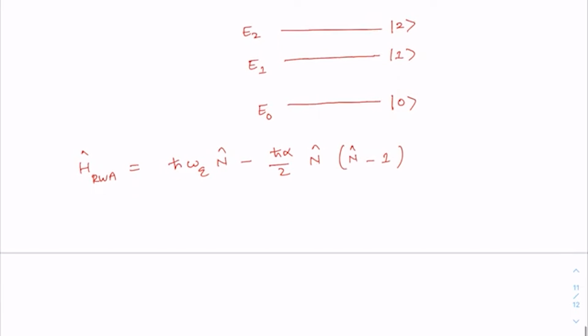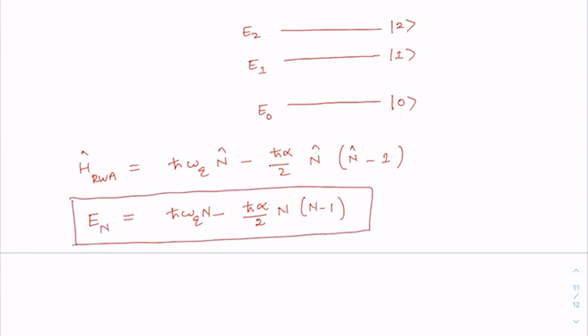So you can immediately see that the expression for the energy would be simply h cross omega q n minus h cross alpha by 2 n into n minus 1, if I operate on the number state. Okay, taking this as my nth energy level.